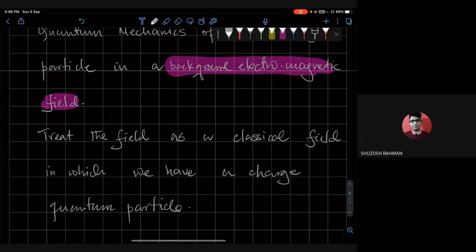So here we are not treating the background field as a quantum mechanical entity. Quantum mechanics is not powerful enough to deal with the background field as a quantum mechanical entity. For that, one needs quantum field theory.